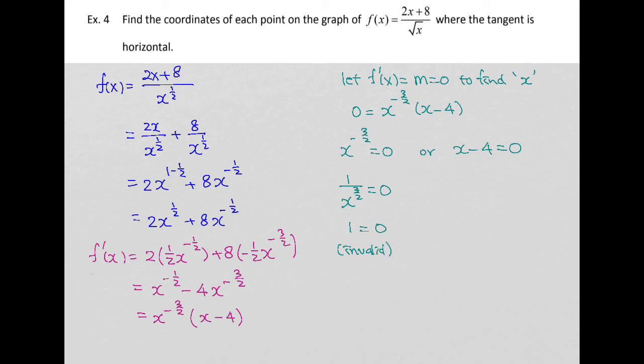And x minus 4 equals 0 implies x equals to 4. And once we get the x values, we can substitute into the f to find the y values. So y equals f of 4 equals 2 times 4 plus 8 over square root of 4, which is 8 plus 4, which is 12. Therefore, the point on the f of x that the tangent is horizontal is at 4 and 12.